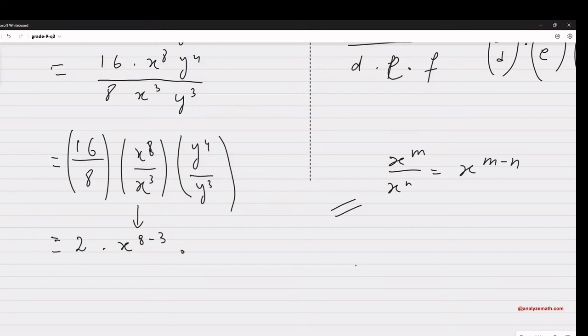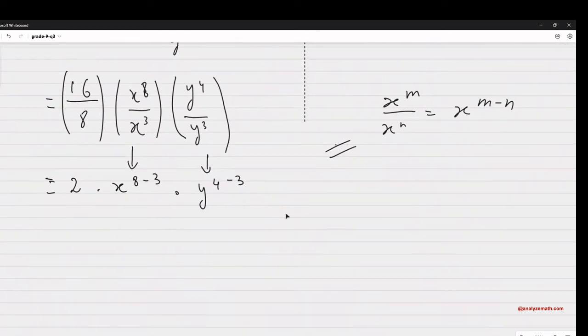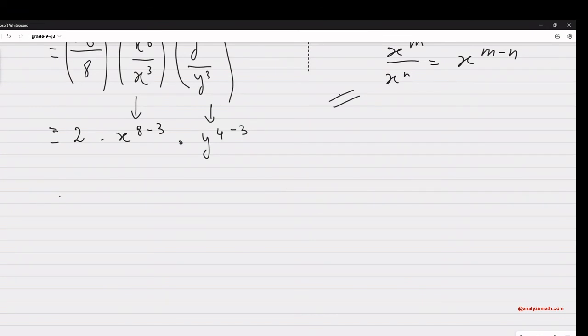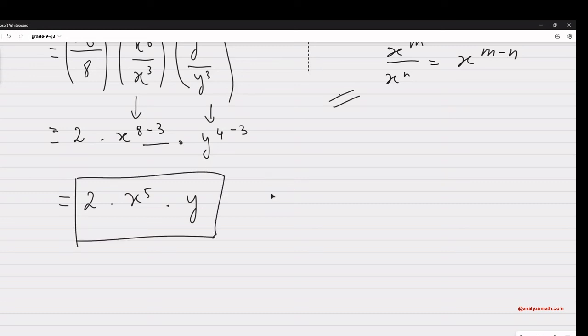I apply the formula here again, and that will give me y^(4 minus 3). Simplify. 8 minus 3, 5. 4 minus 3, 1. The final expression is 2x^5y.